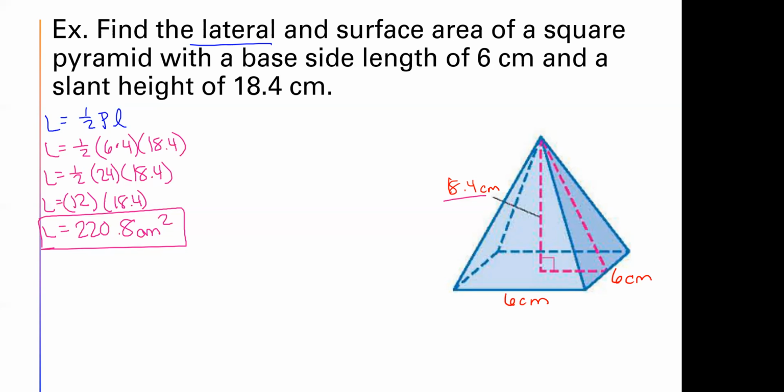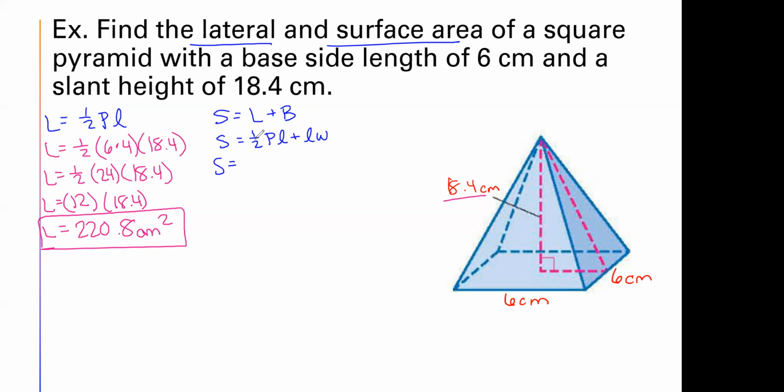Now for the surface area, because it says to find the surface area as well, remember that is the lateral area plus the area of the base. Lateral area is 1/2 times the perimeter times the slant height. Now the base would be the length times the width, right? Because it is a square.